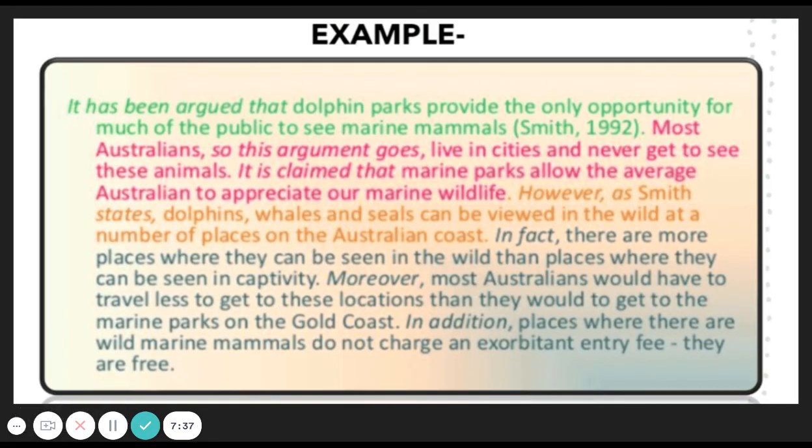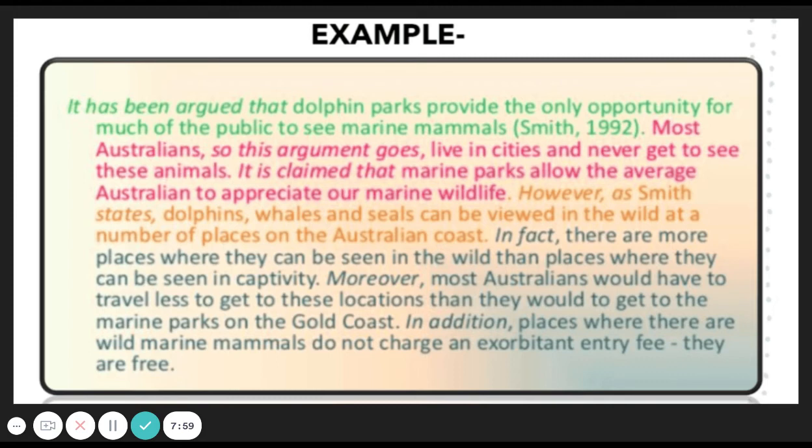In this example, we will read what it happens. Okay, so it has been argued that dolphin parks provide the only opportunity for much of the public to see marine animals. Most Australians, so this argument goes, live in cities and never get to see these animals.